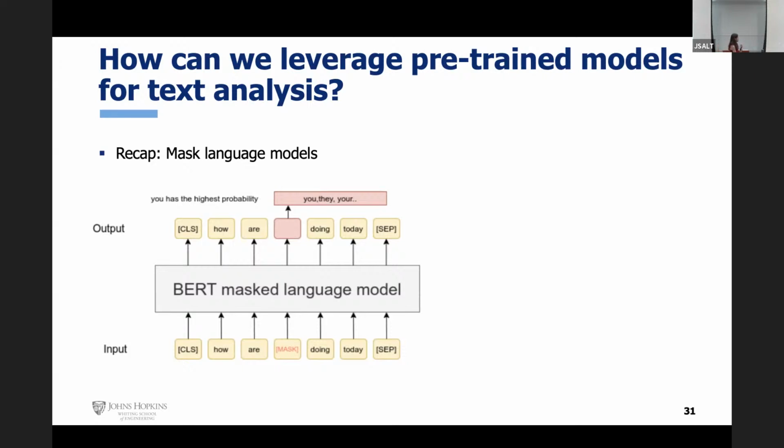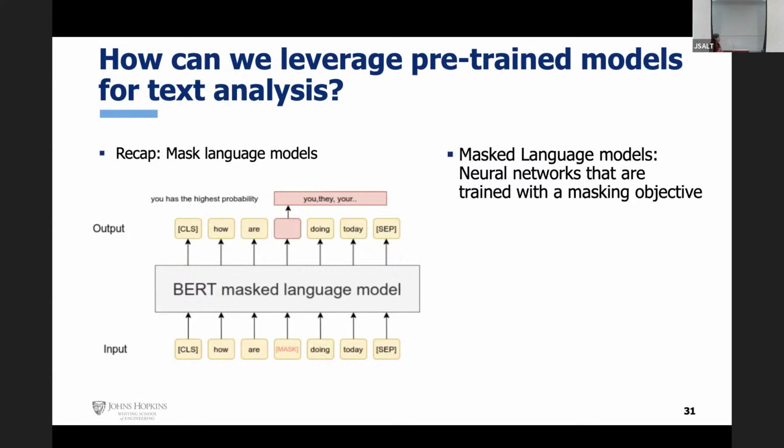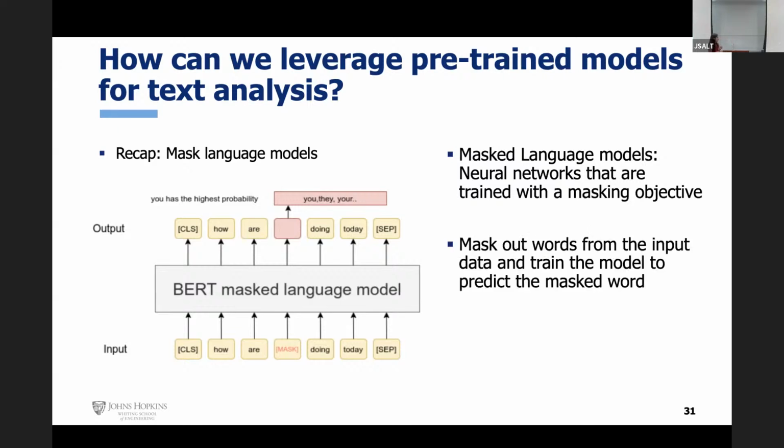The way that we trained this model to encode some understanding about language is we gave it a sentence, we masked out a word from the input sentence, literally replacing it with the word mask, we fed that sentence to the model, and then we trained the model to predict the word that we masked. So in this example, how are mask doing today, we want the model to predict you.